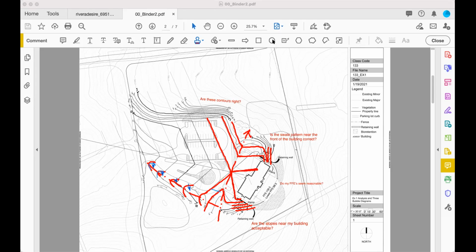Okay. And my FFEs are reasonable at least, is that what you're saying? I wouldn't see any as a problem right now. It might need minor adjustment, but I don't think it's necessary at this point.